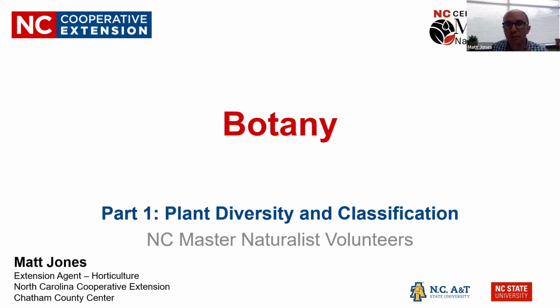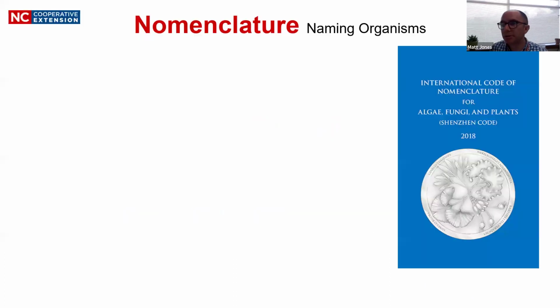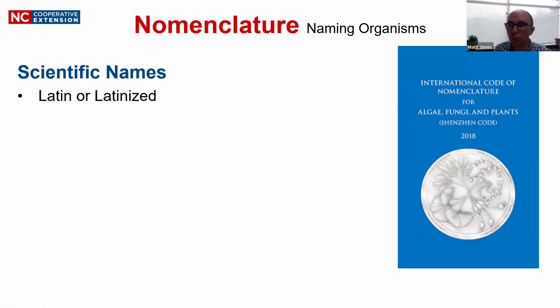So naming in general, in botanical terms, is referred to as nomenclature, and we use scientific names to identify organisms. And these scientific names are usually Latin or Latinized names, and they're governed by organizations and codes with rules on how to formally name current and new organisms.